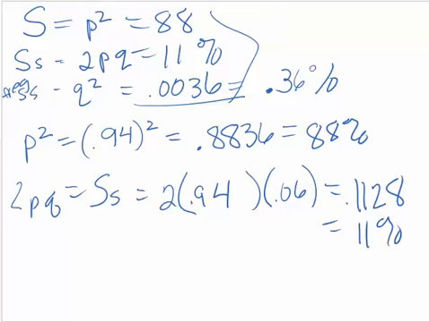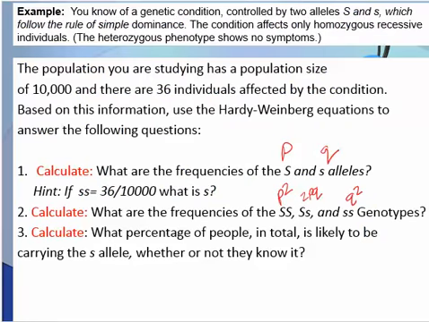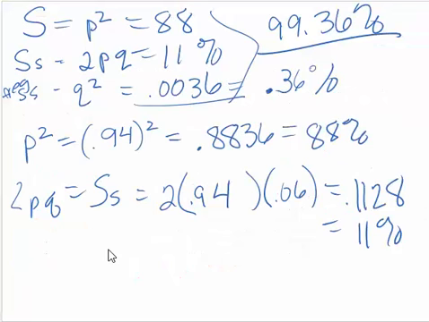Now the last question on there asked, what percentage of people in total is likely to be carrying the S allele, whether they know it or not? So what information do we need? Carriers of the S allele, just having it, would be our Q squared plus our 2PQ people.